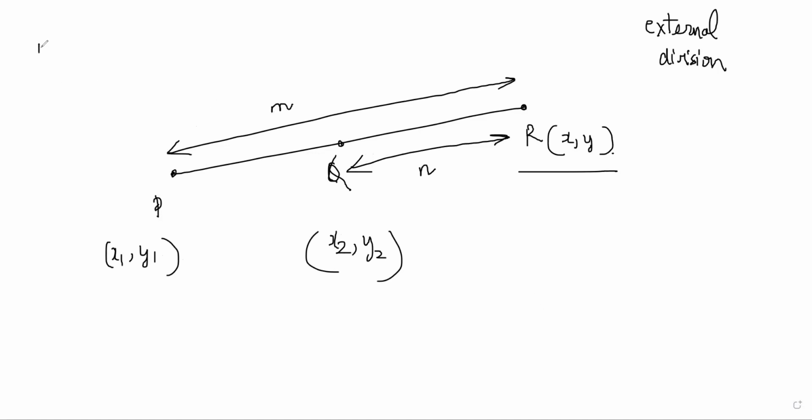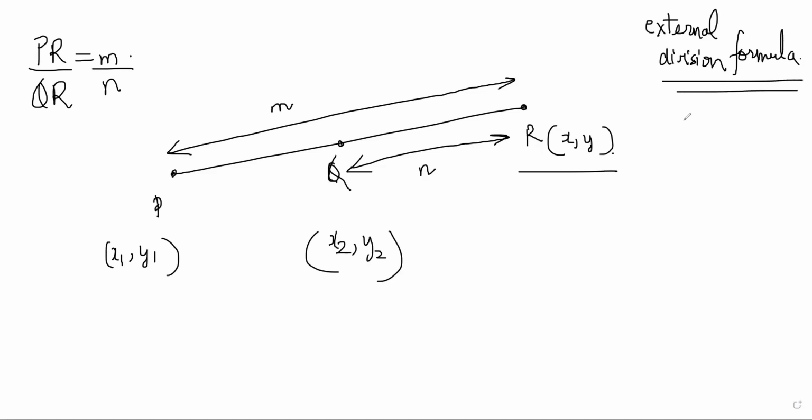Basically what we know is PR by QR is equal to M by N. But now the point R is not inside, it is outside, right? So this is called the external division formula. It is just an extension of the section formula that we just now learned. So try to figure out this R.